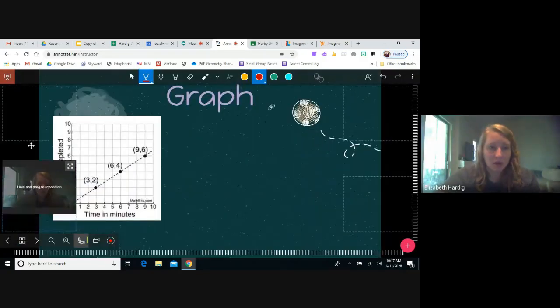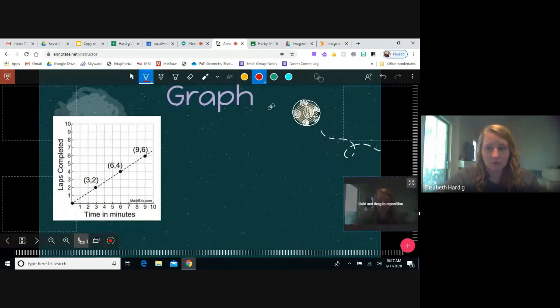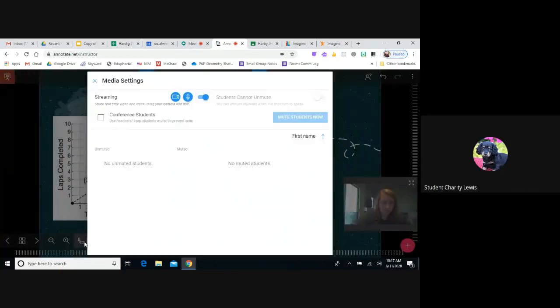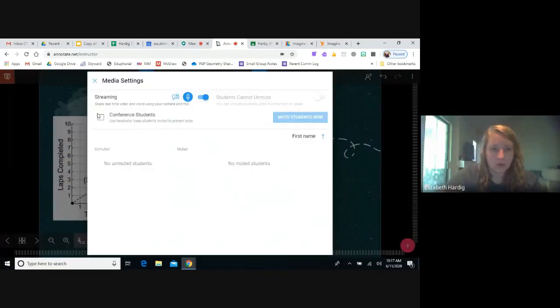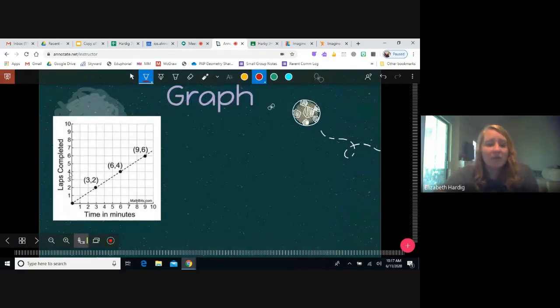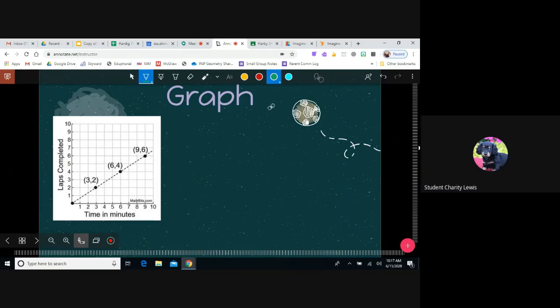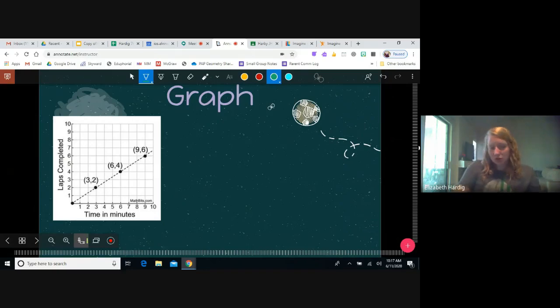Okay, and then we can look at a graph. So we have our laps completed and we have our time in minutes. If I want to label this coordinate plane right now, what variable would time in minutes be?